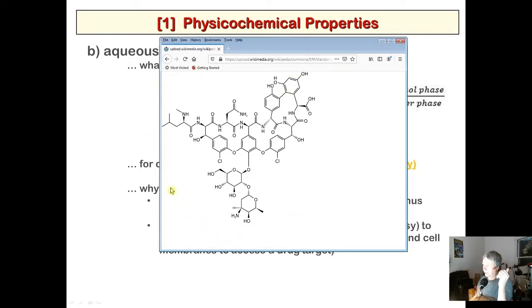There's other ones kind of like this, but this is a very, very polar molecule with these sugars on it and a lot of amino acids. Very, very polar, and this is not going to work orally. I think the only case where this is actually used as an orally administered antibiotic is if you have an intestinal infection.